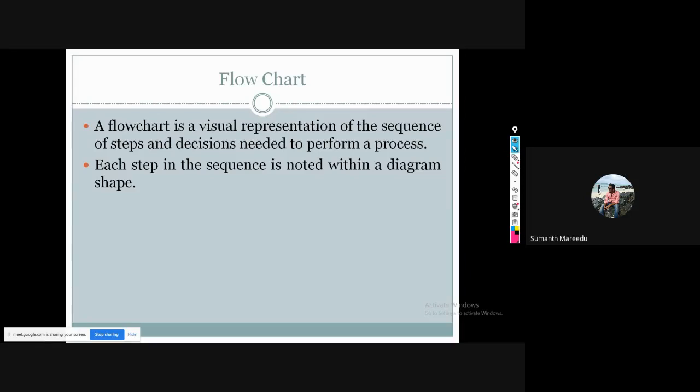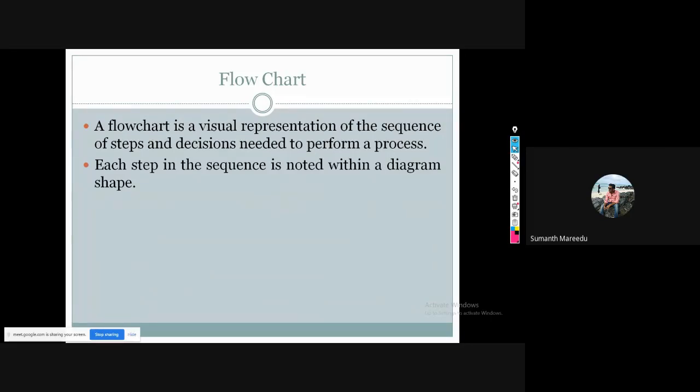But here, the step-by-step process is represented visually. We'll use some specific symbols for representing this step-by-step procedure. Instead of writing an English sentence, we'll try to represent that step with some symbol.